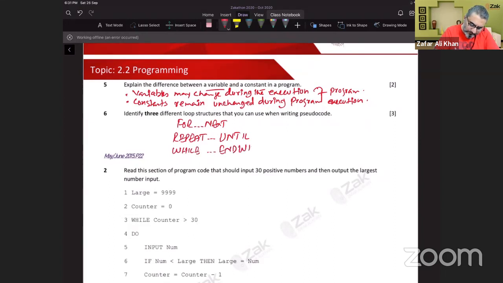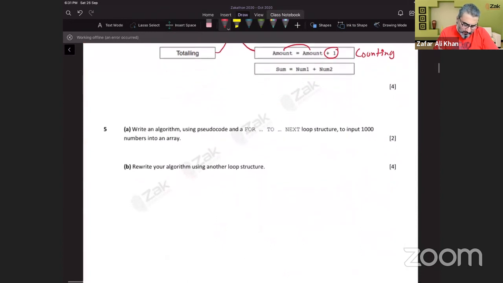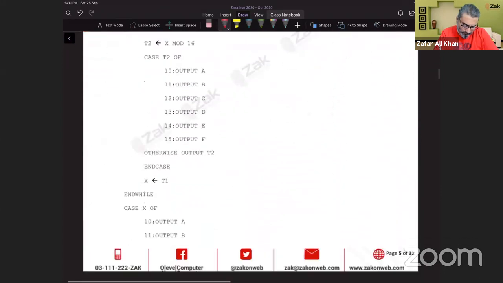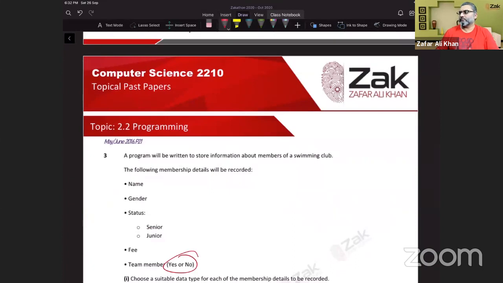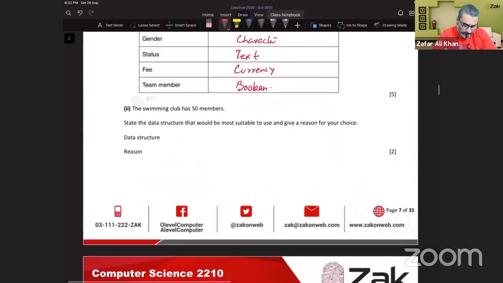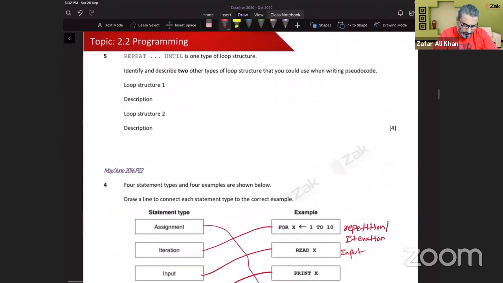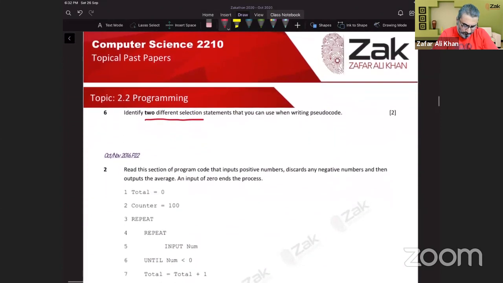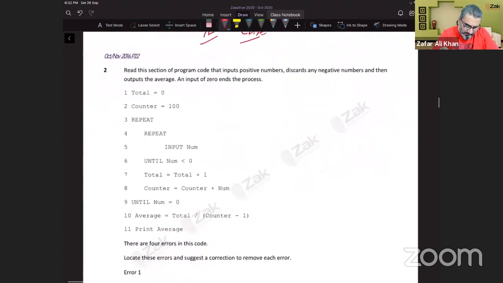Two different selection statements: if and case.